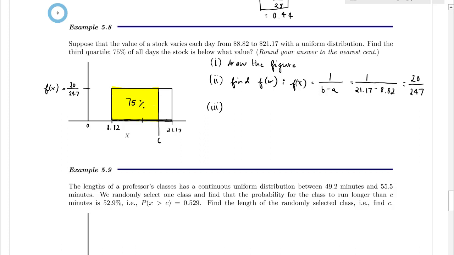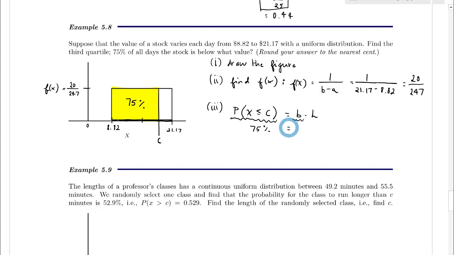So here I'm looking for the probability that x will be less than or equal to this C number, which is going to be equal to the base times the height, right? So we know this probability. This probability here is 75%. We know the base.